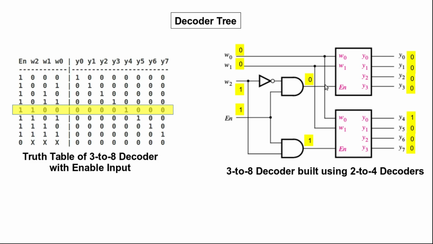These two inputs W1 W0 are connected to the inputs W1 W0 of the 3 to 8 decoder.